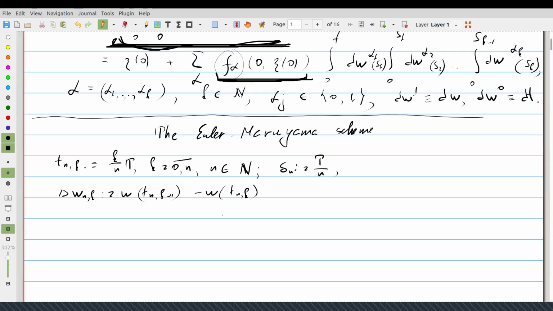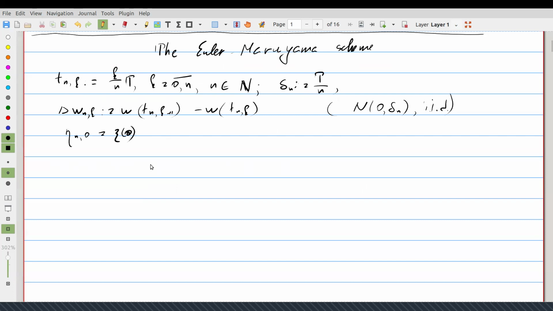And obviously, in practice, there are no Wiener processes. This is just Gaussian random variables with mean 0 and variance Delta_N, independent, identically distributed. And we start exactly where our process starts, and then the scheme looks as follows.